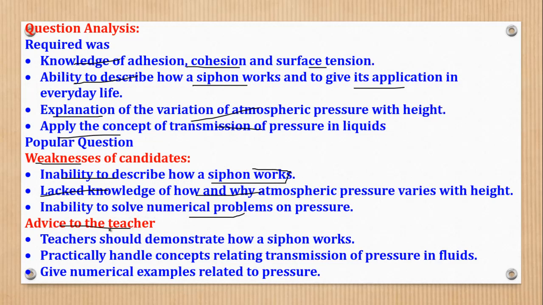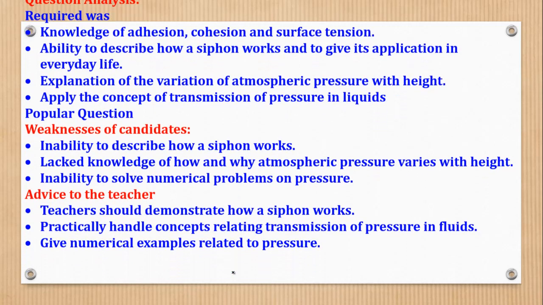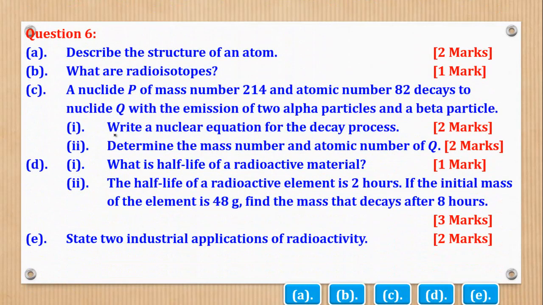So advice to teachers should demonstrate how a siphon works, practically handle concepts relating transmission of pressure in fluids, and give numerical problems related to pressure. Then question 6 part A says describe the structure of an atom. So this question was on modern physics.